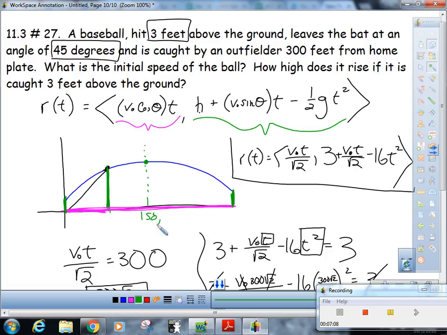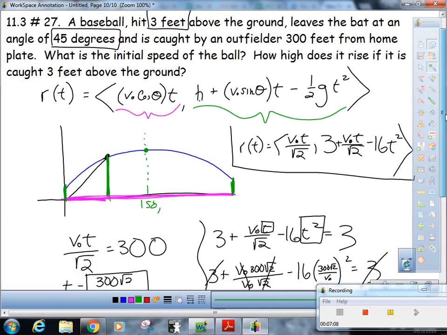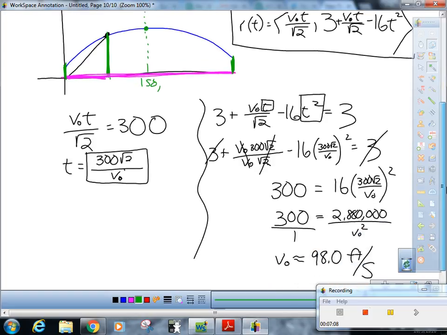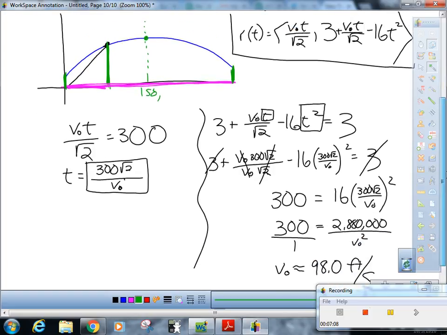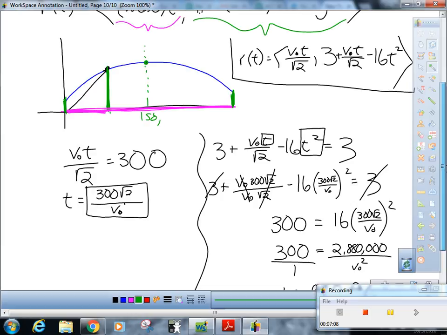So you could plug in 150 for your x value and solve it that way, but that wouldn't always work. It would only work because of the symmetry of this problem.